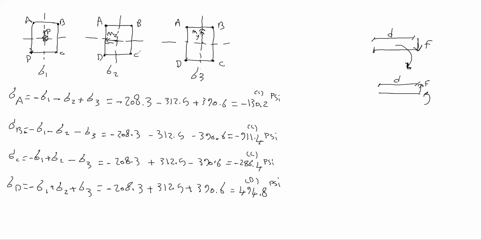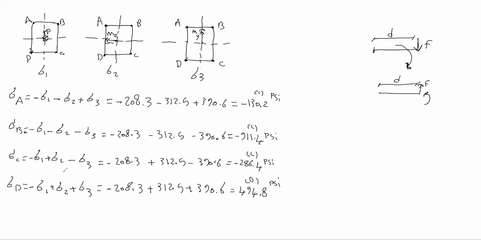And for the sign, here again, let's review the sign for one of them. For example, put your thumb in the direction of MZ, okay? And then your four fingers, the other fingers, compress points A and B, which means A would be sigma 2 negative and B sigma 2 negative, right?